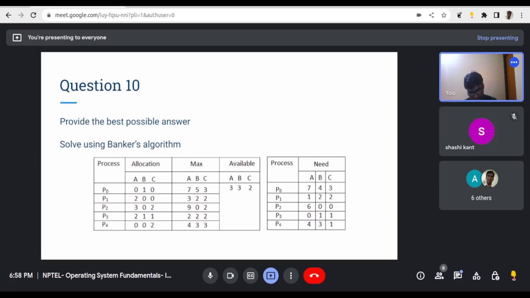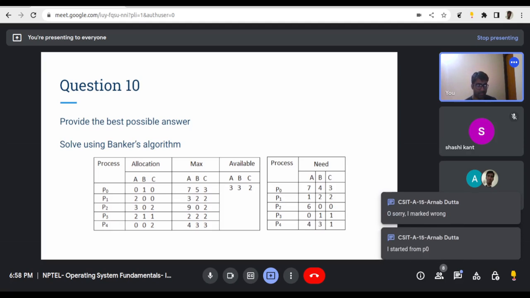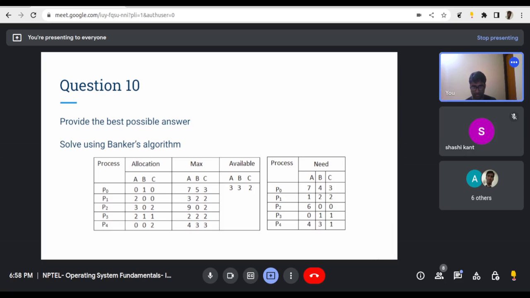Just check once. Okay. Check with the need, add with allocation. Check with need, add with allocation. That is what you need to do simply. I am just getting one answer. Anyone else would like to contribute?